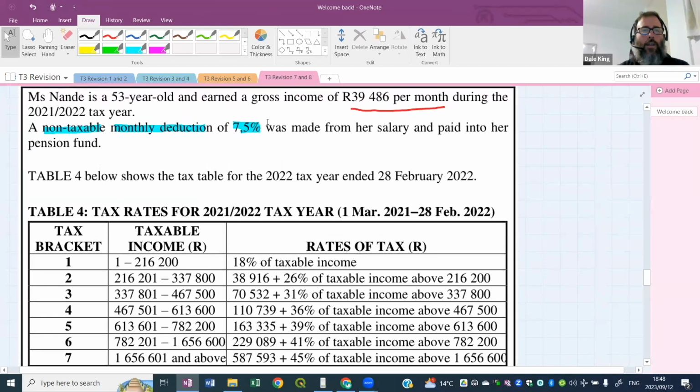Ms. Nande is 53 years old, earned a gross income of 39,486 per month during the 2021 tax year. A non-taxable monthly deduction of 7.5% was made from her salary and paid into her pension fund. They want to know what her annual tax payable is.